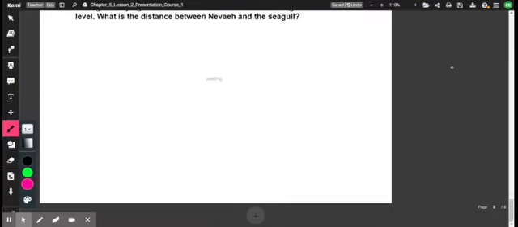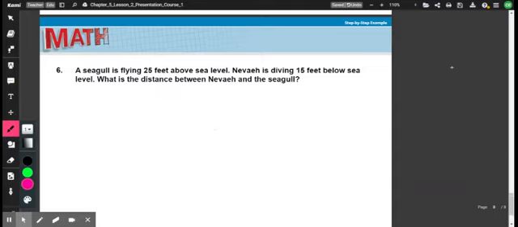Last example, which is on page 358. A seagull flies 20 feet above sea level. Nevaeh is diving 15 feet below sea level. What is the distance between Nevaeh and the seagull? So we have the absolute value of 25, and then we're going to add. Nevaeh is diving 15 feet below sea level.